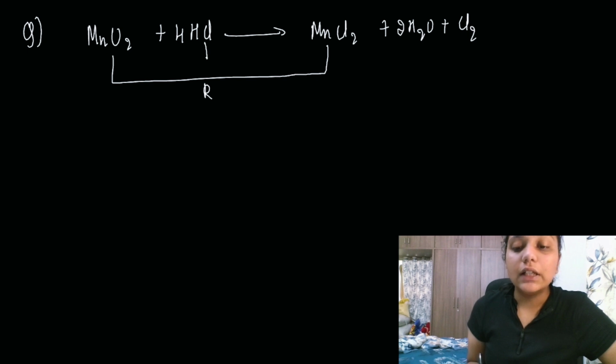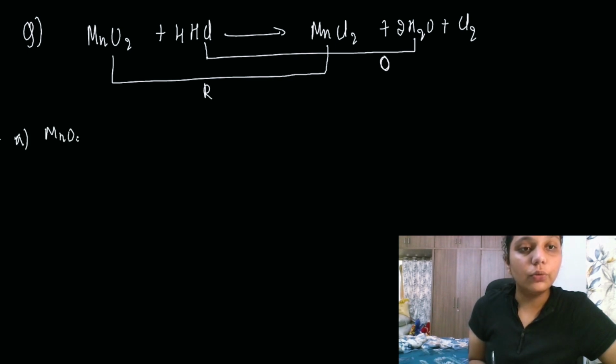And HCl is going to H2O, with an addition of oxygen happening here, so it's an oxidation process. So there is a reduction reaction and also an oxidation reaction, so we can call this a redox reaction.